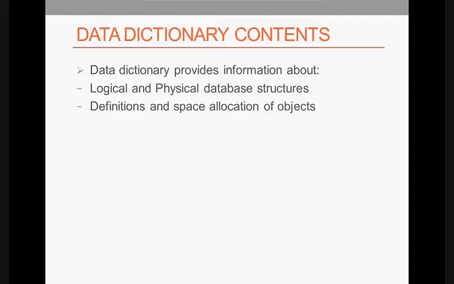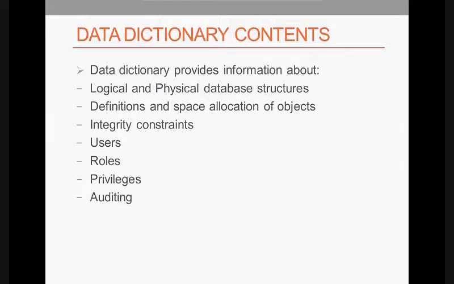How much space has been allotted for and is currently used by the schema objects, default values for the columns, integrity constraints, the names of the Oracle users, privileges and roles each user has been granted, and all the auditing information, such as who has accessed or updated various schema objects. All this information we can find easily in data dictionary views.